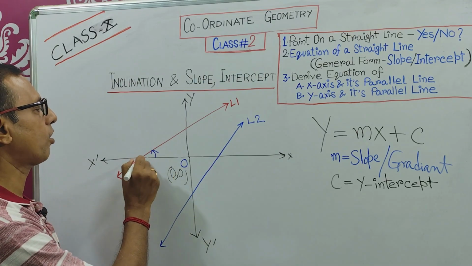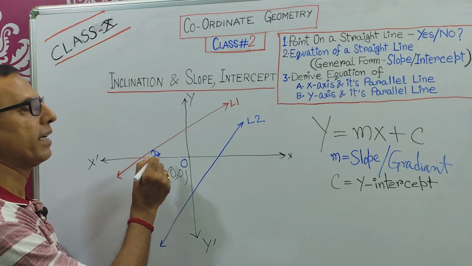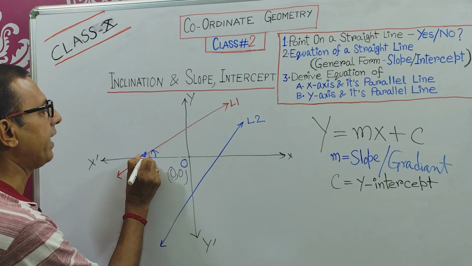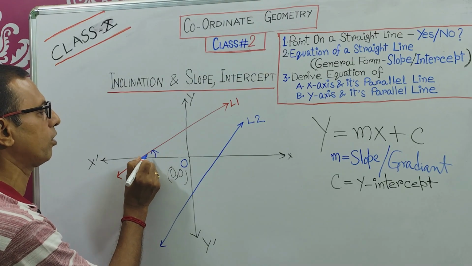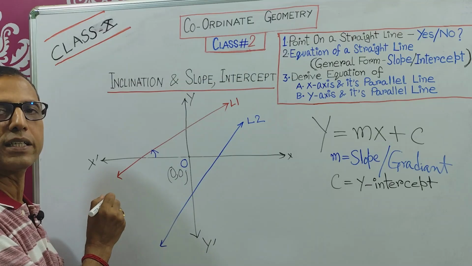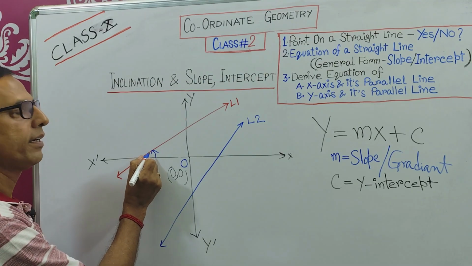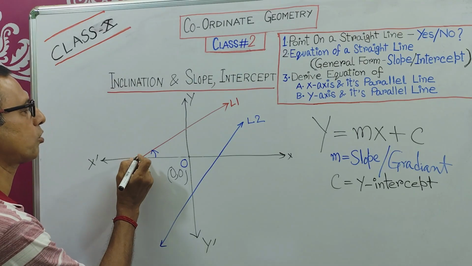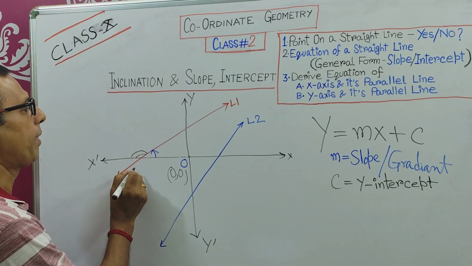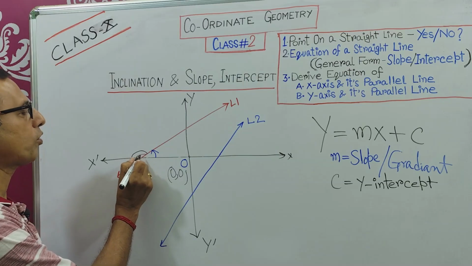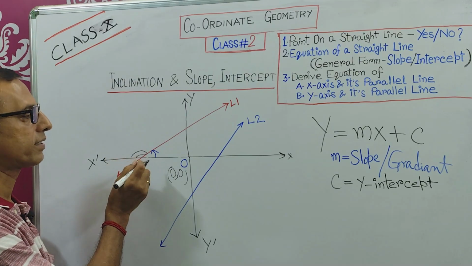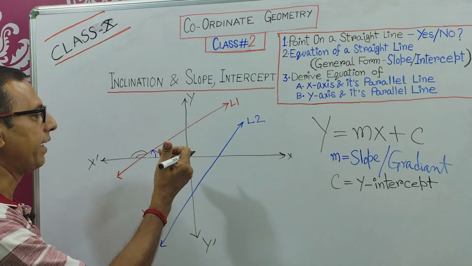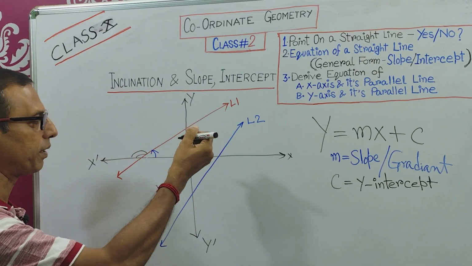So this anti-clockwise direction is made by the line with the positive direction of the x-axis, because when L1 is intersecting the x-axis, it is creating this angle with the x-axis, and this angle is also with the x-axis. But this angle is not with the positive direction of the x-axis, because the positive direction is the right side, and the negative direction of the x-axis is where x is becoming negative.